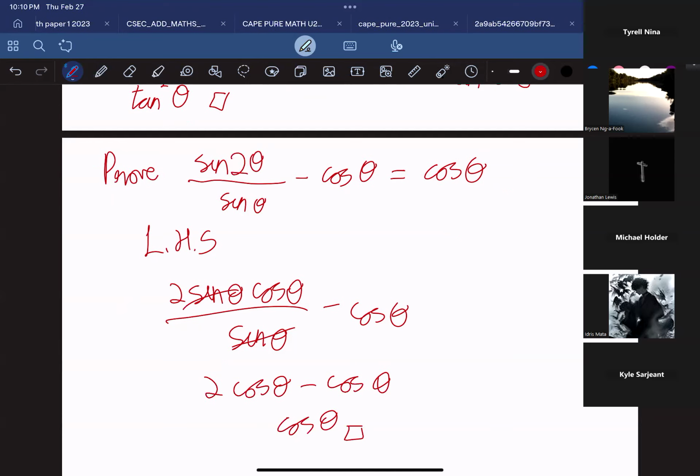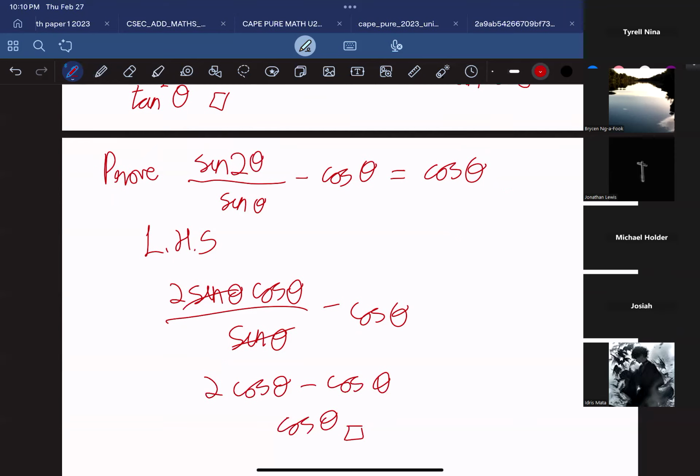There's some joking back and forth about it, and in the end I say fair, it's sine 2 theta, my bad, I will be the bigger man and apologize.